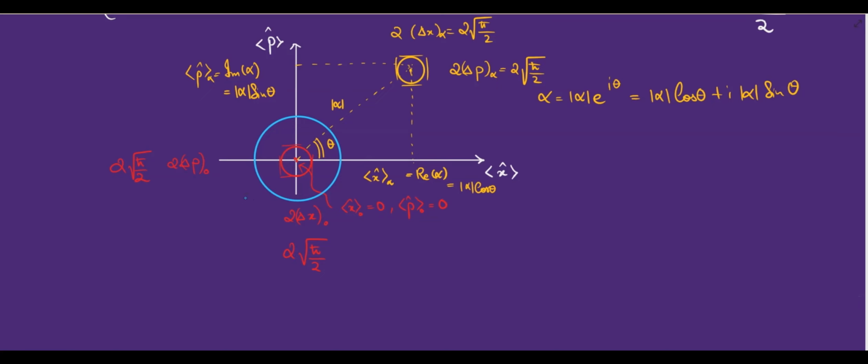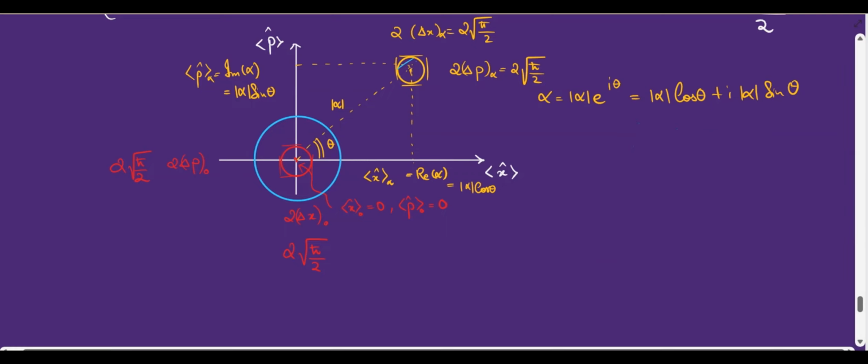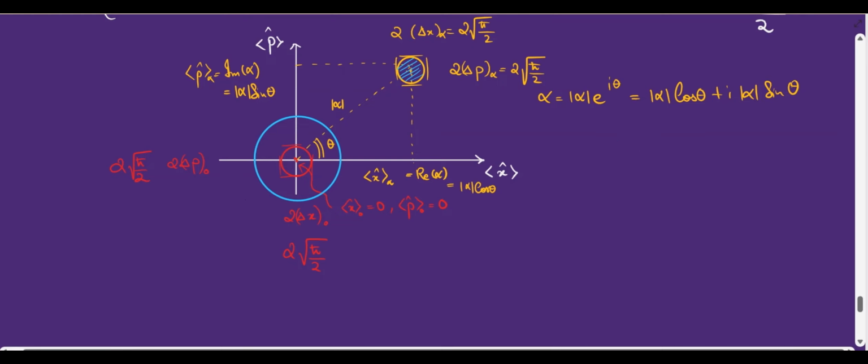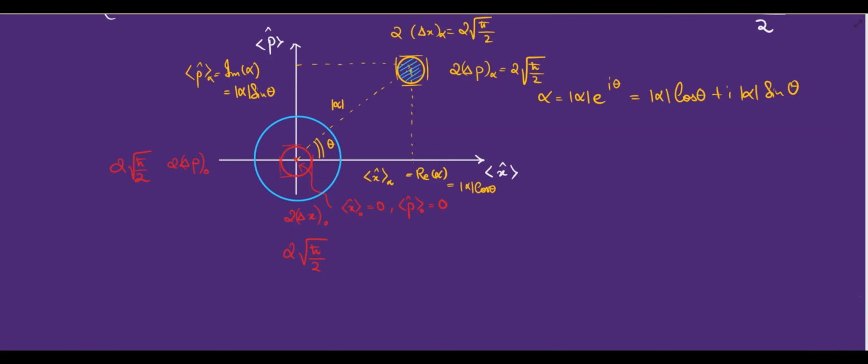Now, if I do operations like squeezing, which we will come to in the later part, we will see that these circles will get squeezed in a particular direction according to the squeezing operation applied. However, the area of these squeezed circles will be the same as this particular circle, because of the Heisenberg uncertainty principle.